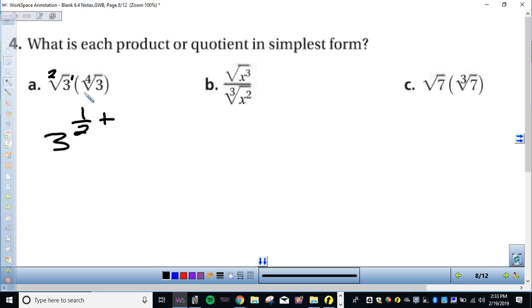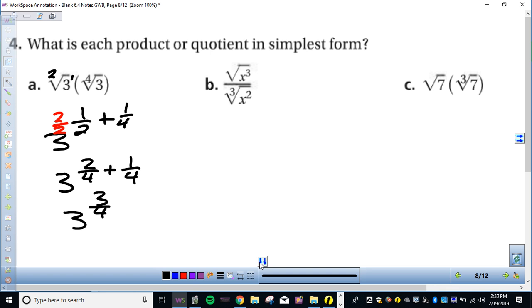This one is 3 to what power? 1/4. So we're going to add the 1/4. I can't add those fractions because they do not have a common denominator. What do I have to multiply that first fraction by? 2/2. So I'm going to multiply that first fraction by 2 over 2. So we get 3 to the 2/4 plus 1/4, which is 3 to the 3/4 power.